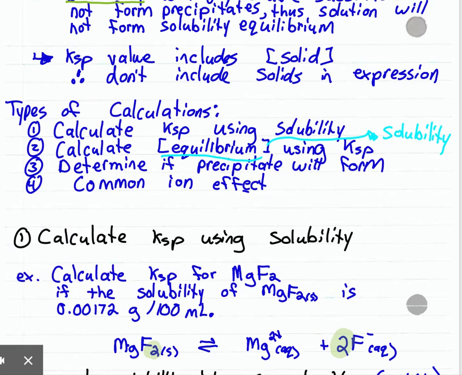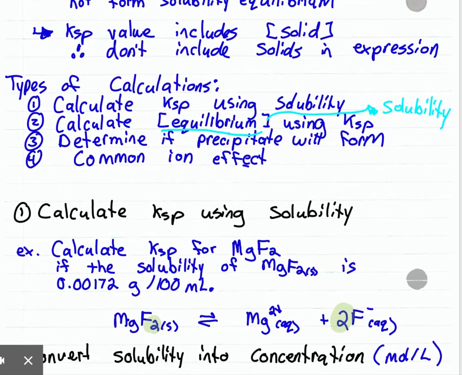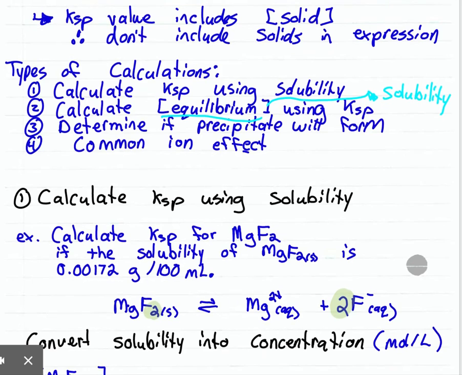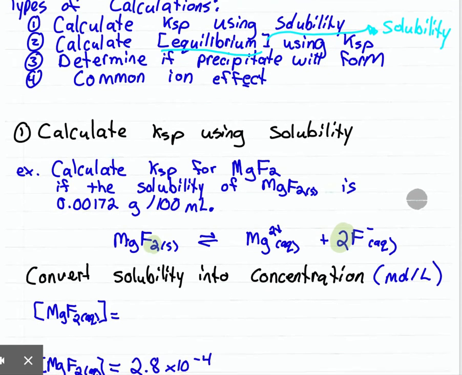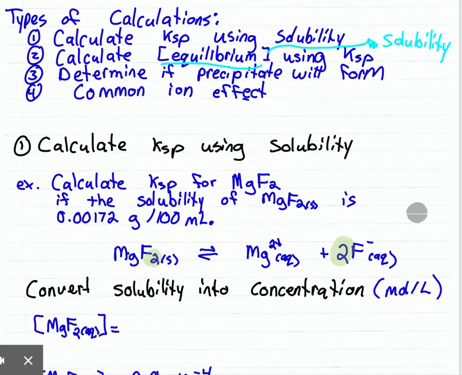Now, in order for us to calculate KSP, we have to convert our solubility into concentration, because we know that in the equilibrium law, K equilibrium equals the concentration of products over the concentration of reactants. So we have to take our solubility and turn it into concentrations, and we're going to do that using conversion factors.